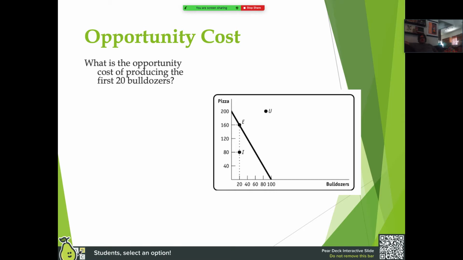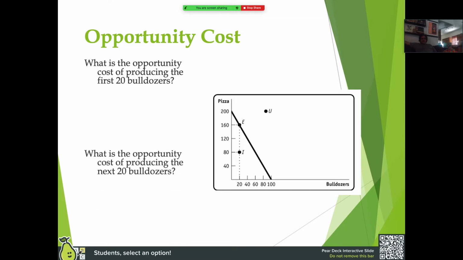If you say, you know what, I want to make 20 bulldozers, so when you move to that point along the bottom at 20 bulldozers, what did you have to give up? Well, now you're over here, so you have to give up 40 pizzas. And that's how the opportunity cost is shown on the production possibilities curve. Again, we'll practice this tomorrow. You'll be able to see it. You guys will get it really quickly once you go through it a few times.